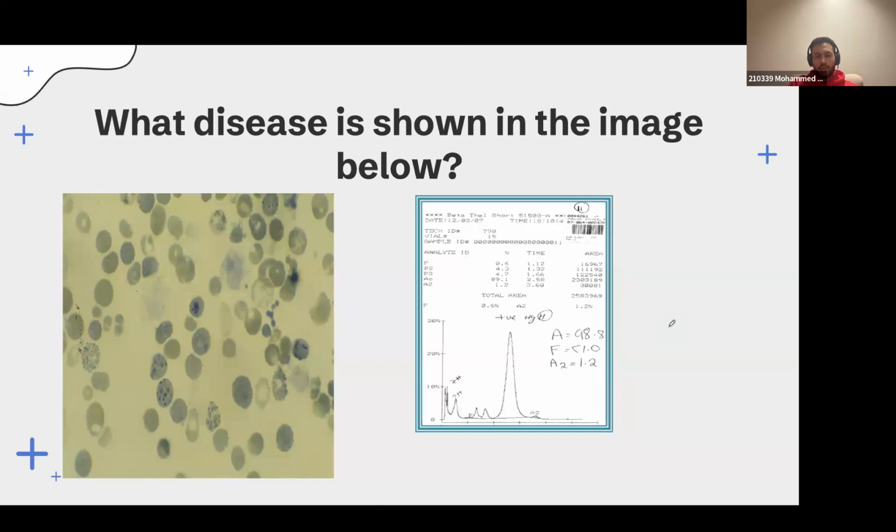Now, what disease is shown in this image? Okay. This is hemoglobin H.